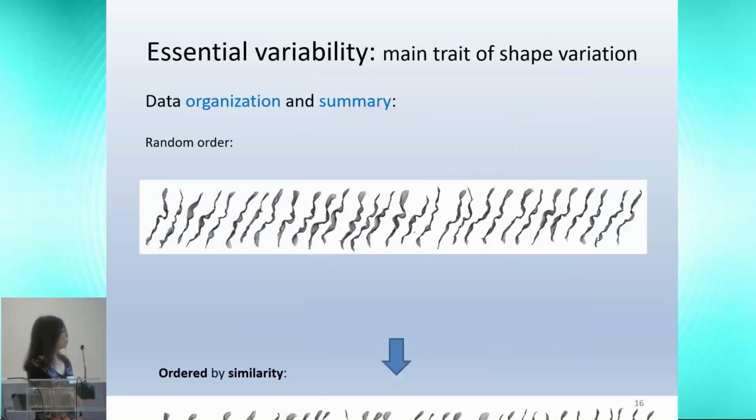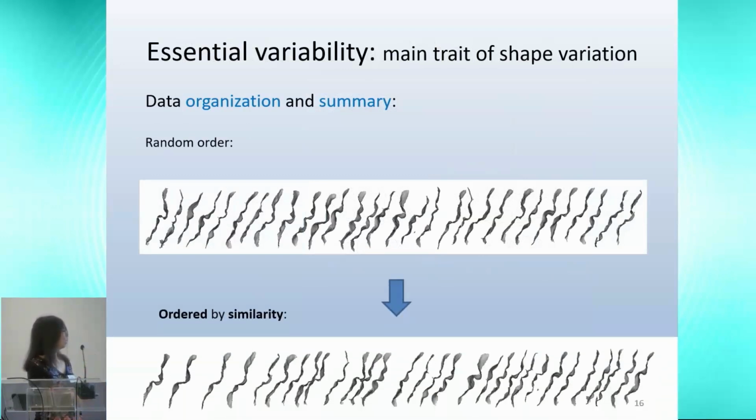Again, it's very variable. And then when it's ordered according to the similarity, if you observe the hand knob from left to right, you can see that it gradually goes up. And then on the extreme side, there's a little knob that appears kind of at the bottom.